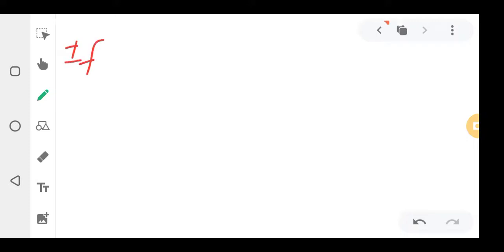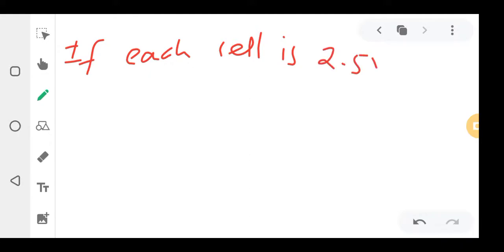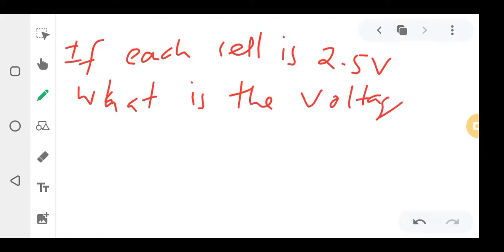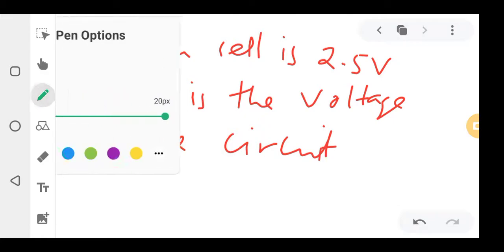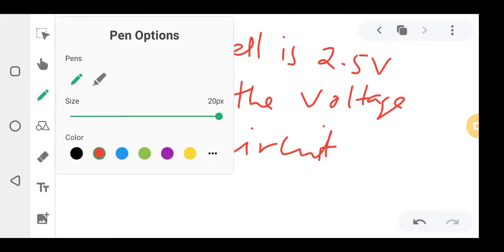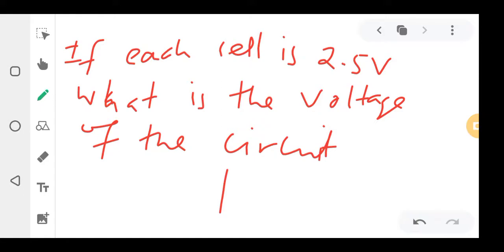If each cell is 2.5 volts, what is the voltage of the circuit? Okay, they are saying if each cell, you remember how a cell looks like?